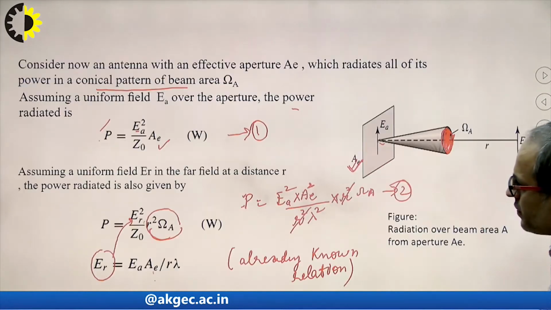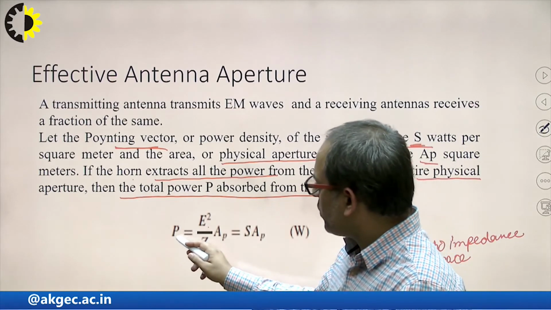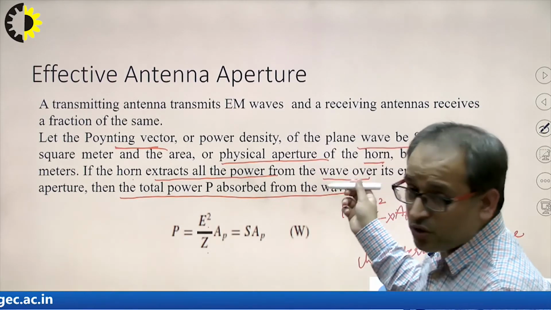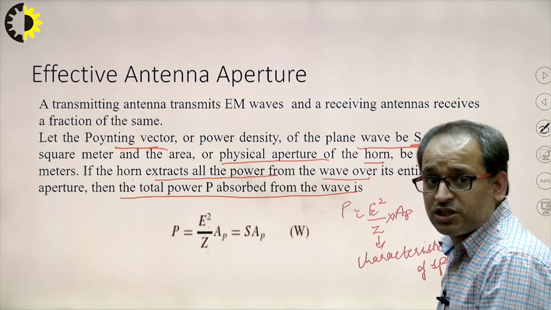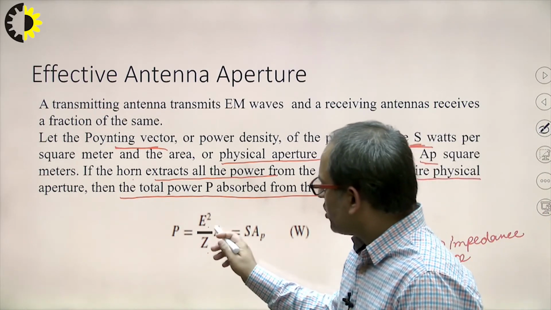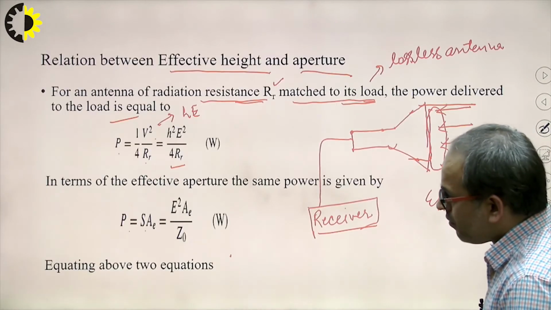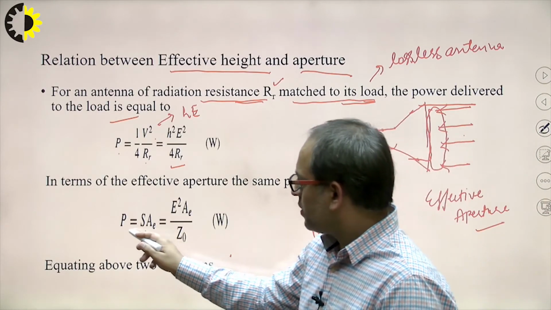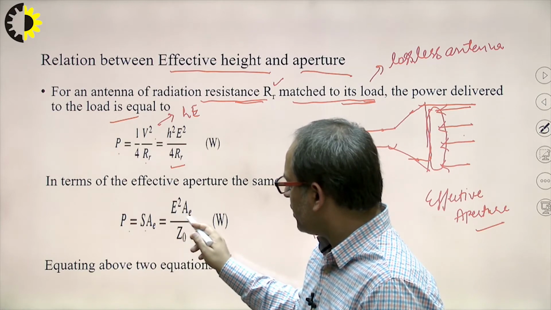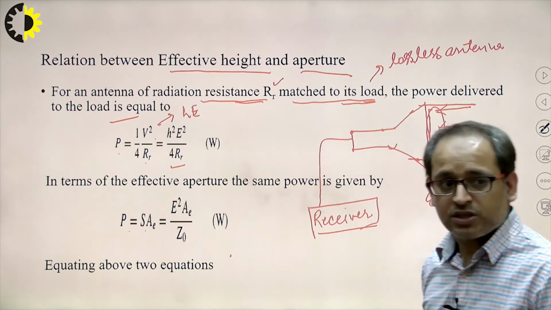This is the formula we have already studied. When the power is incident on the antenna, the relationship between the power incident and the effective aperture area is P equal to E square divided by Z into AE. Same here: P equal to E square AE divided by Z naught. Here I am talking about the effective aperture area.